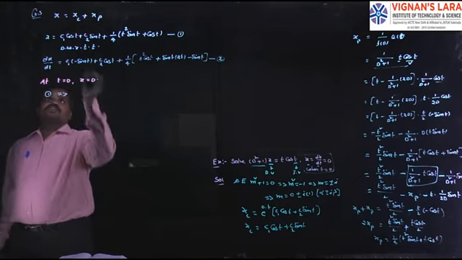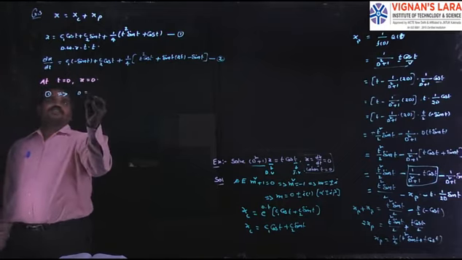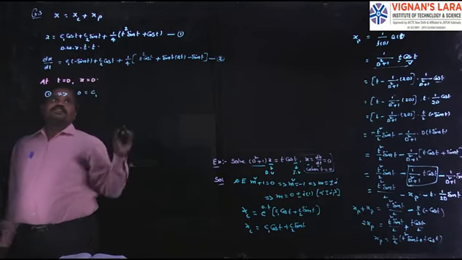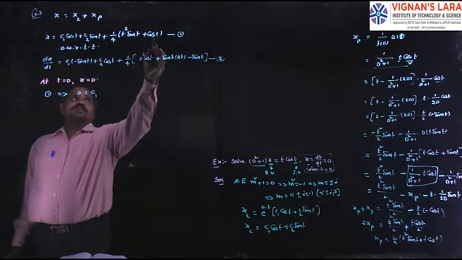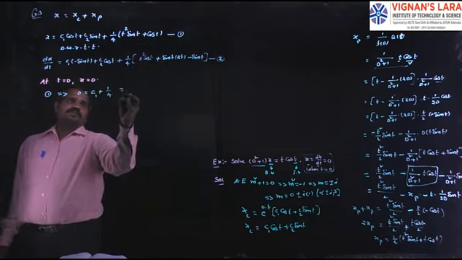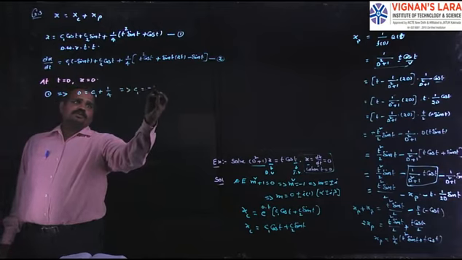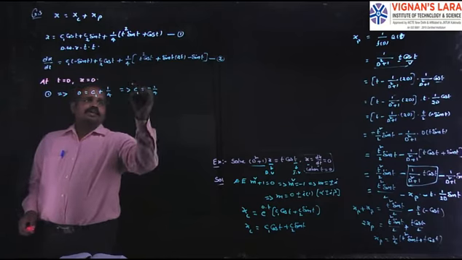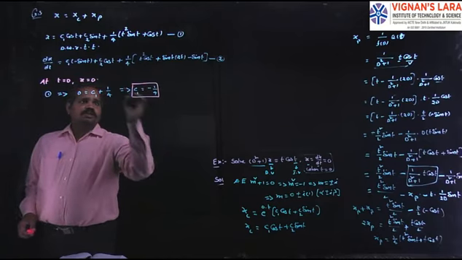So, t value 0, x value 0. So, 0 is equal to t value 0, cos 0 is 1, c1, sin 0 is 0, 0 into anything is 0, cos 0 is 1, 1 into 1 by 4 plus 1 by 4. So, c1 is equal to minus 1 by 4. Now, I will calculate c1 is equal to minus 1 by 4.